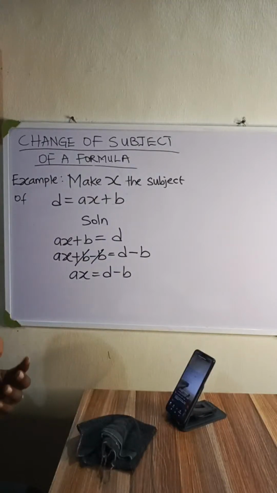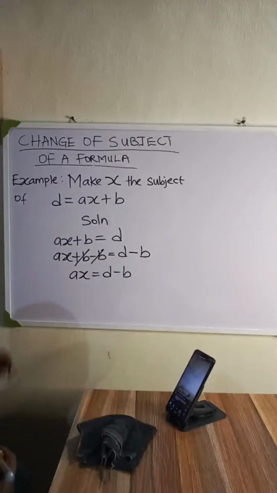The next thing we're going to do is we need to eliminate A from the left. And A is attaching itself to X by a multiplication sign.